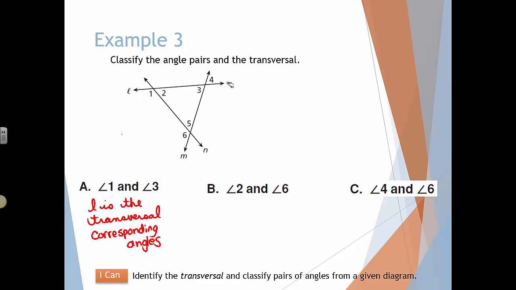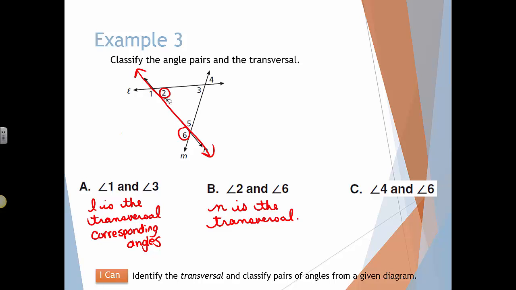All right, now let's identify angles 2 and 6. So we've got angle 2 here and angle 6 right here. Well, the line that they have in common is line N. So line N is my transversal. Okay, so let's look at their positioning.